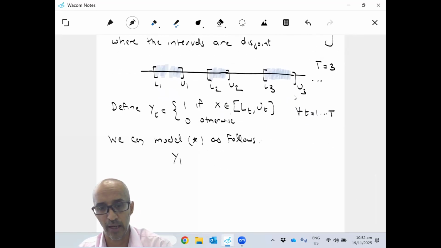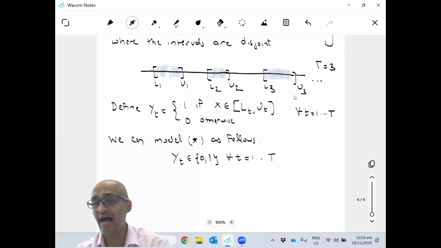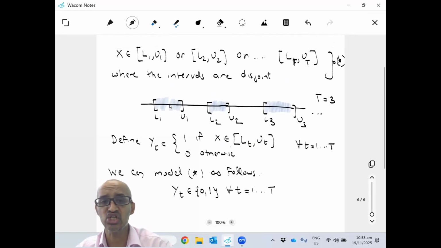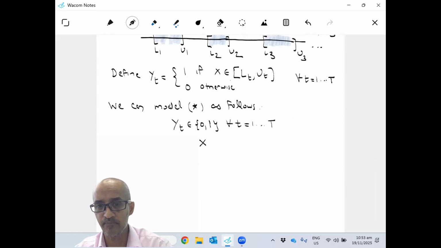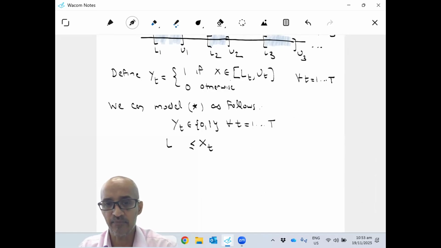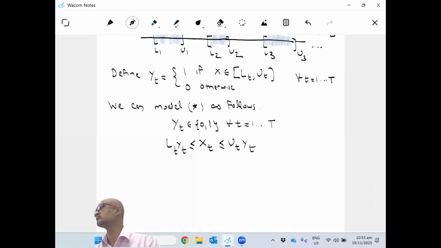All I'll do is say yt is 0 or 1 for t going from 1 up to capital T. I will define a variable for each interval: x1, x2, x3 up to xT. So this variable xt will take numbers between LT times yt and UT times yt.